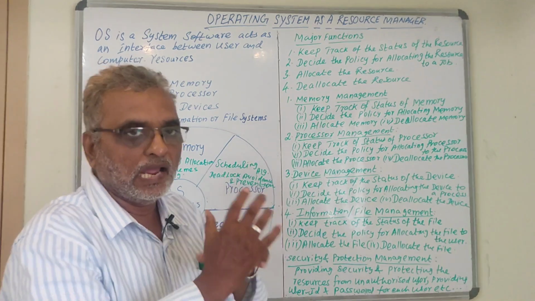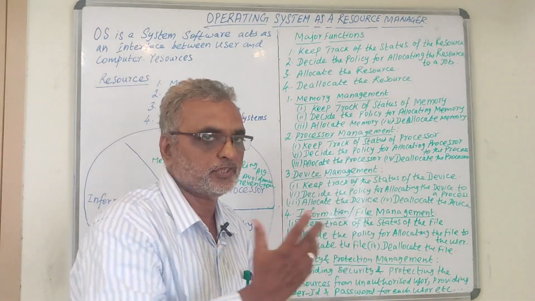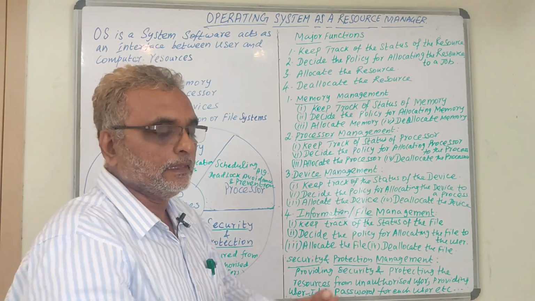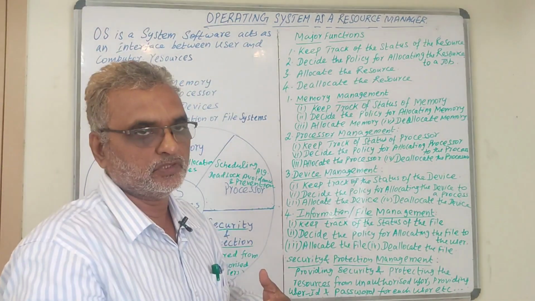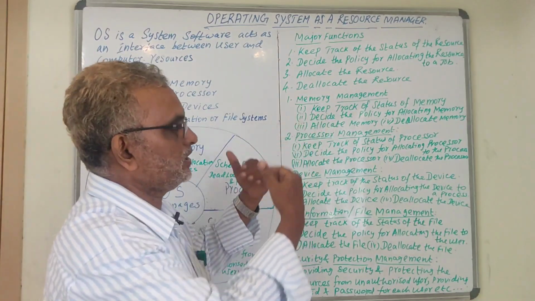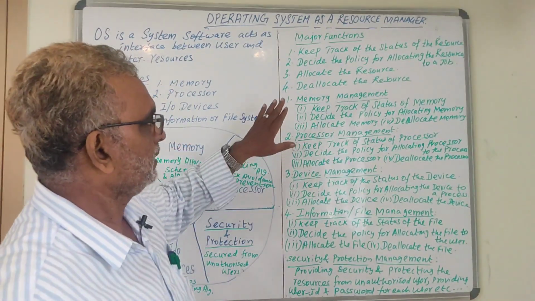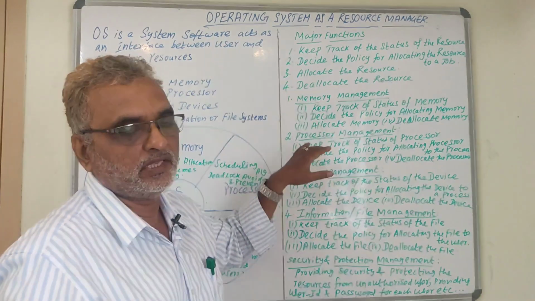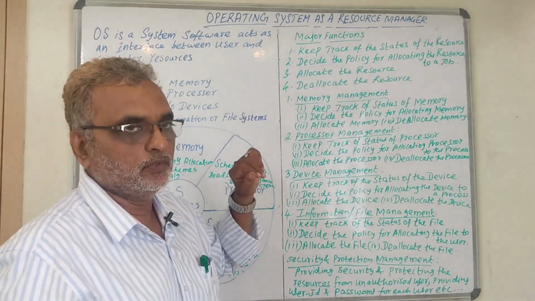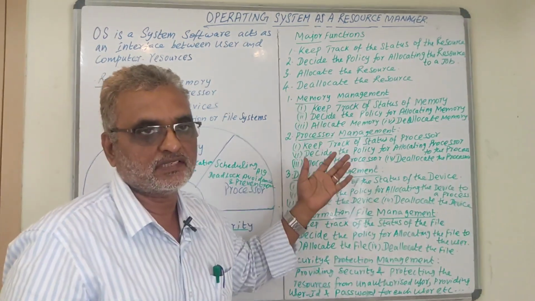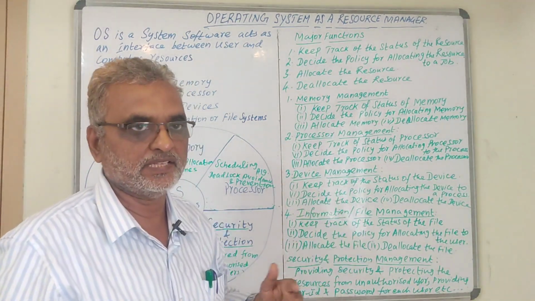Third, allocate the resource to the particular job. Once the job is over, the resource should be reclaimed. That is the process of deallocation. The same functions are applicable for all the resources. So that is how we can call operating system a resource manager.